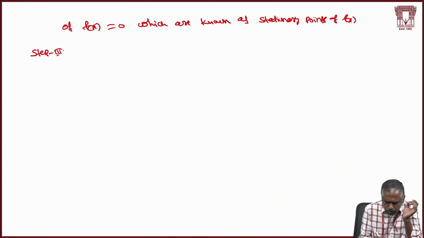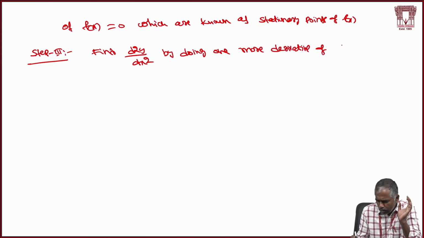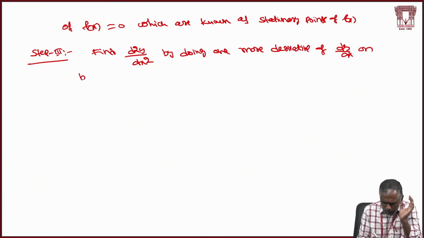Now coming to step 3, find d square y by dx square by doing one more derivative of dy by dx on both sides.